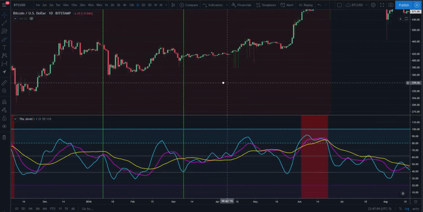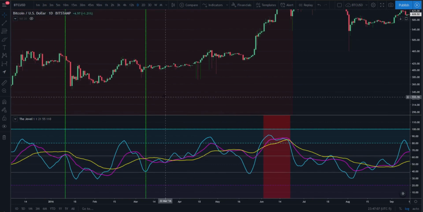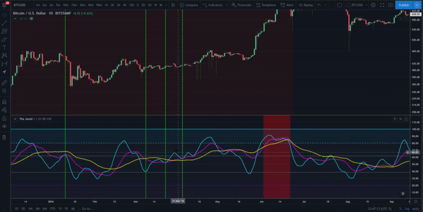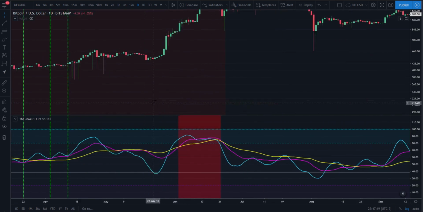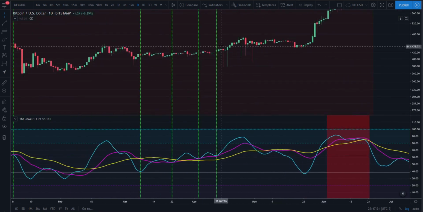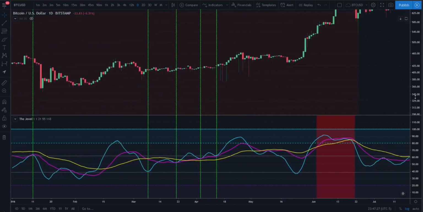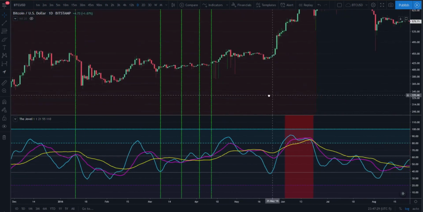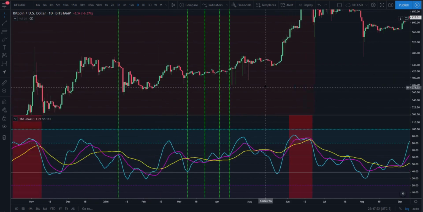Then you get continuation signal. Then you get continuation signal. Then you get continuation signal. And you finally get your move, even though whatever the hell that was, wicks, Bitcoin for the win. And so that's all the signals you can get, right?